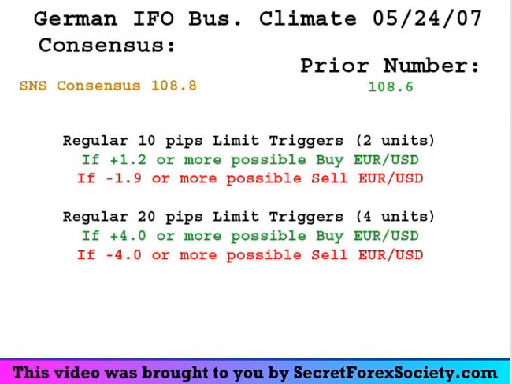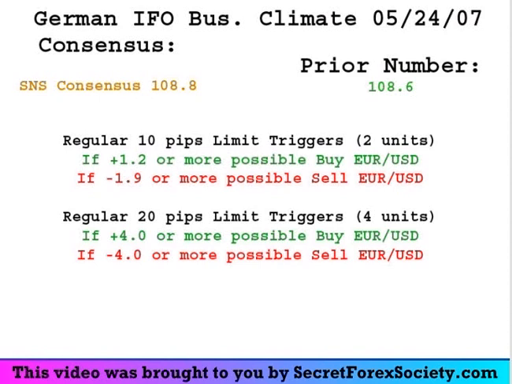So they are expecting 108.8, which would be slightly higher than the previous record set in December. And if it does come out at 108.8 or higher, it's kind of already priced in, more or less. We want a significant deviation, and we want to make sure none of the numbers conflict.